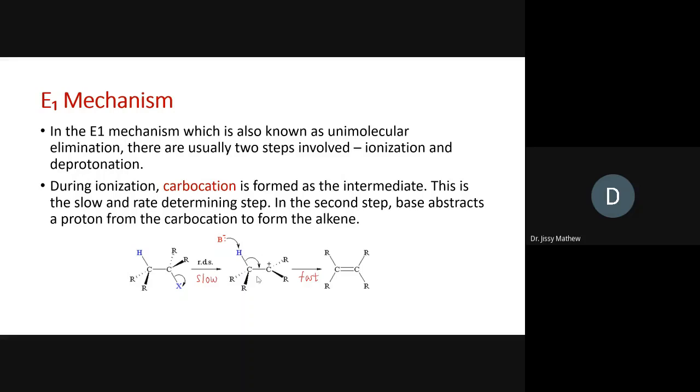So formation of the carbocation intermediate is the first and slow rate determining step in the E1 mechanism. In the second, fast step, the base abstracts one of the beta hydrogens with respect to this carbocation. This carbon is beta, so the base abstracts one of the beta hydrogens and the final product is an alkene.